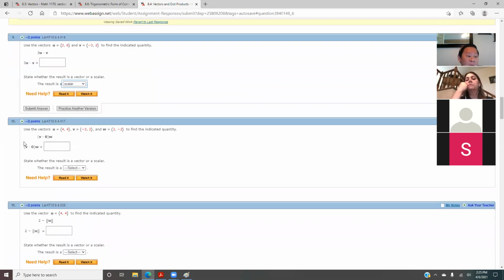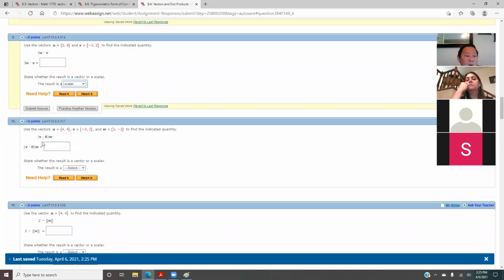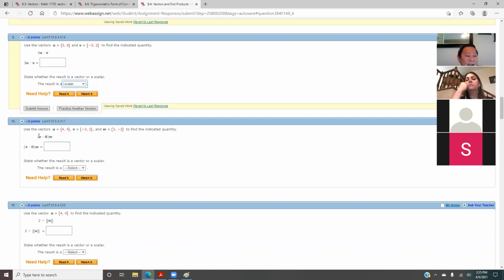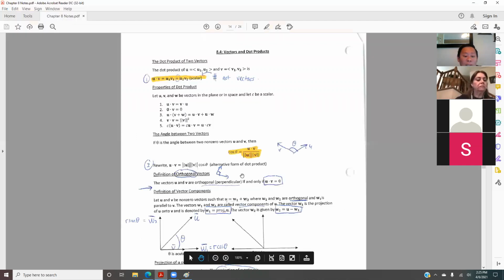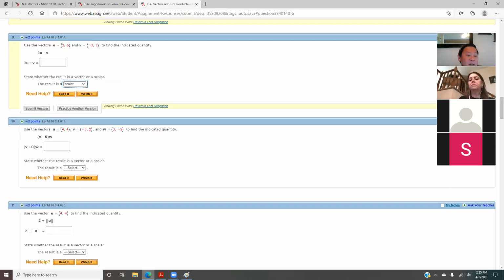But if you notice this, does anyone know what happens when you take the vector v and you dot it with a 0? The formula says that if you dot it with a 0, you end up with a 0. So what happens in this question is if you dot this with a 0, you end up with a 0.